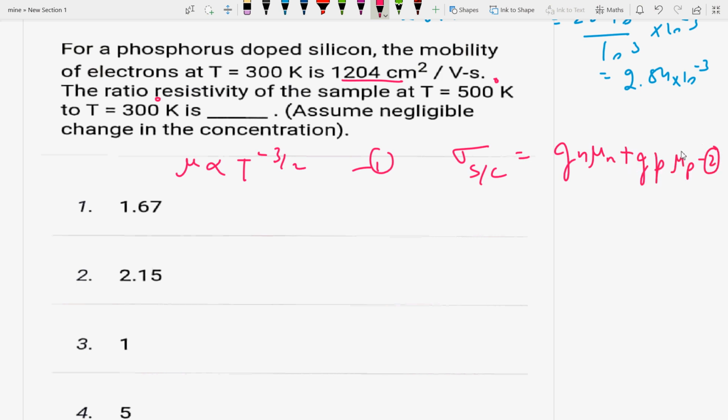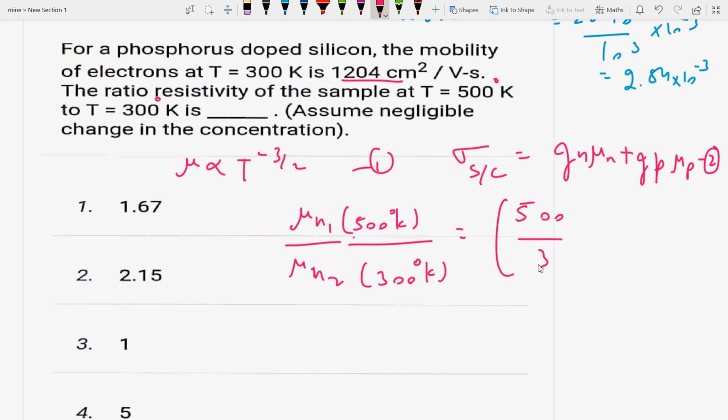Now using the relation in one, we have mu n1 by mu n2, where mu n1 is at 500 Kelvin and mu n2 is at 300 Kelvin, and this is equal to 500 by 300 to the power minus 3 by 2.